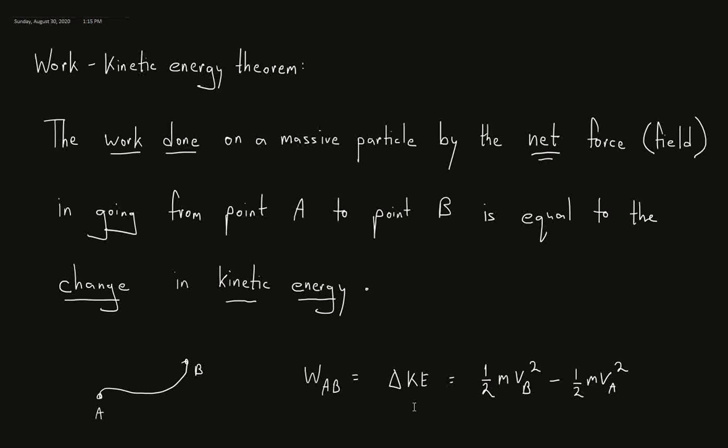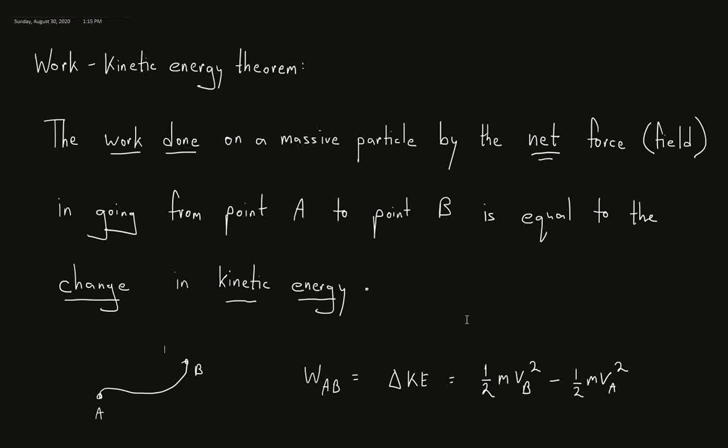So notice that first of all, work done can be a positive quantity or a negative quantity. How do we make sense of that? Well, kinetic energy itself is always a positive quantity, but the change in kinetic energy can be positive or negative. In other words, kinetic energy can increase or it can decrease. So work done by the force field can be positive or it can be negative.